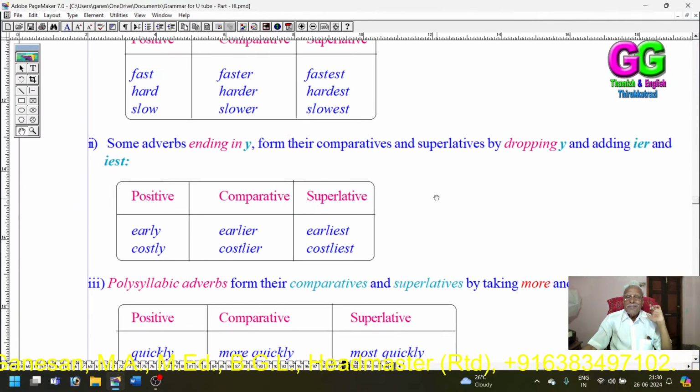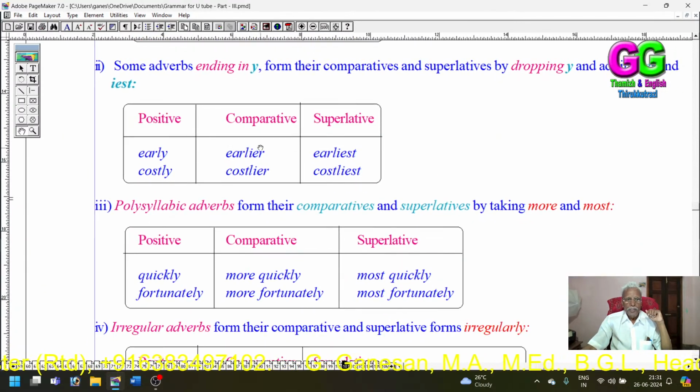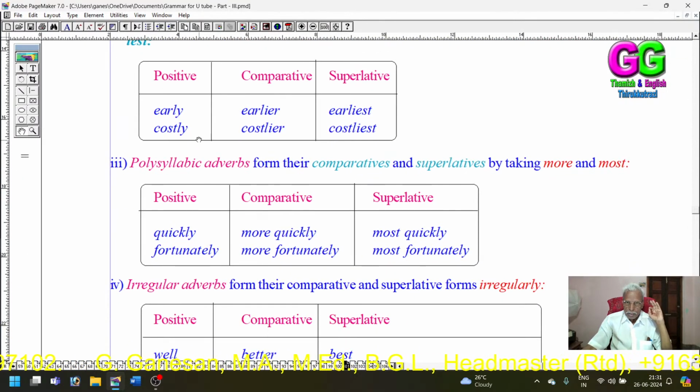Then some adverbs, mainly adverbs of 2 syllables, bisyllabic adverbs ending in y, drop the y and take iest to form the comparative and superlative forms. See, early, earlier, earliest. Like that, costly, costlier, costliest.